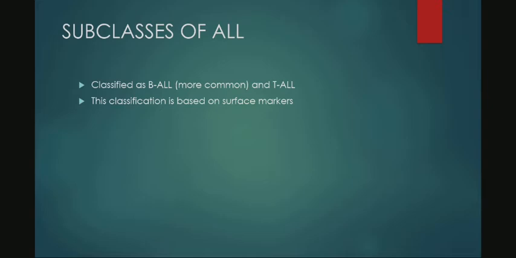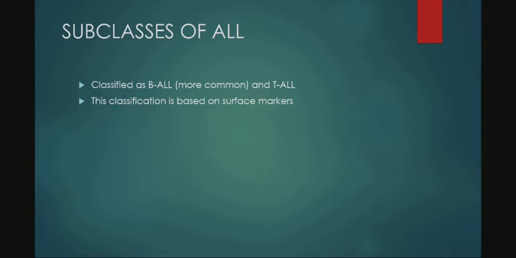There won't be any CD10 surface marker on a T-ALL. Okay, so that is important to understand. Remember, surface markers are used to differentiate them, and we also have to know from here to say the B-ALL, or the B cell type of acute lymphoblastic leukemia, is more common.